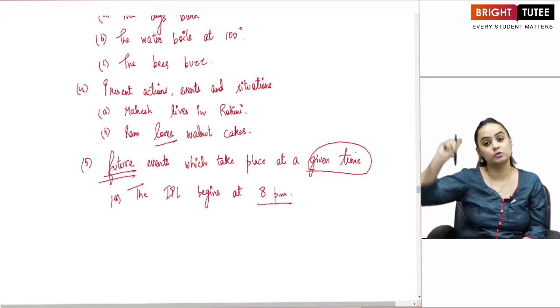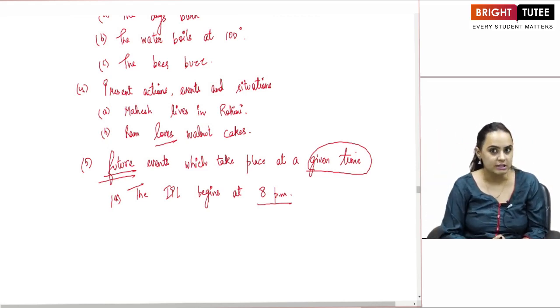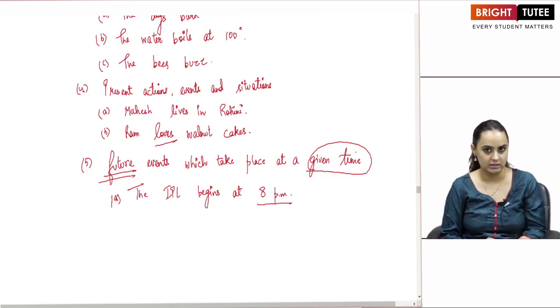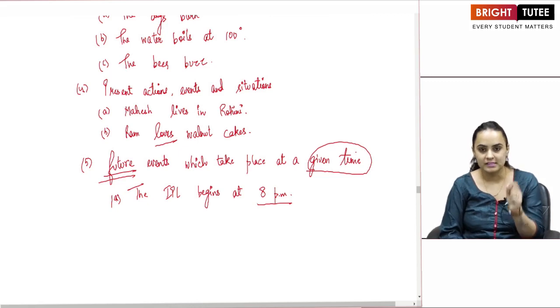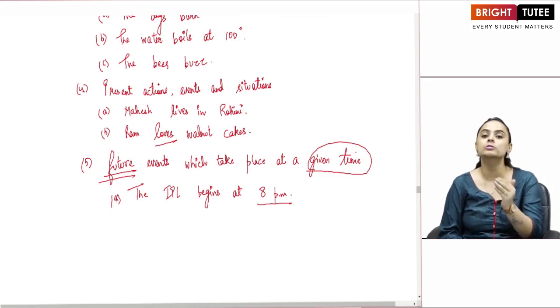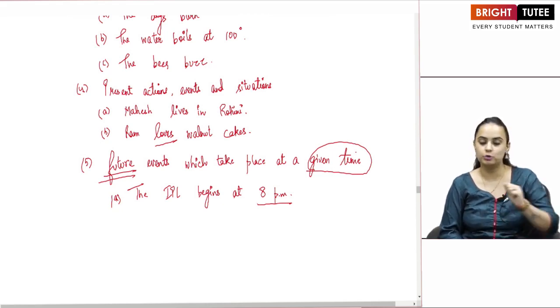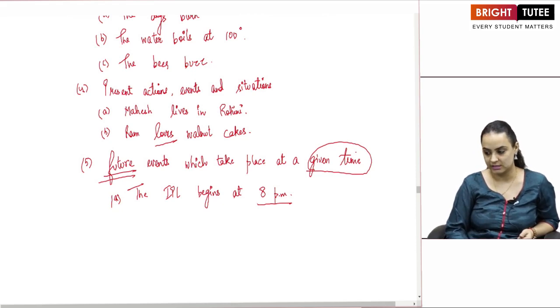The IPL is going to begin at 8 at night. But I know exactly the time when they are going to start. And therefore, for such events that will although take place in the future, but we know the exact time when they will take place, we use the simple present.